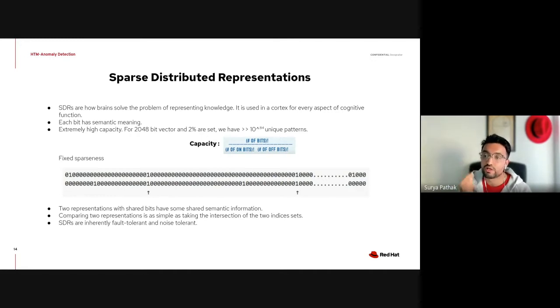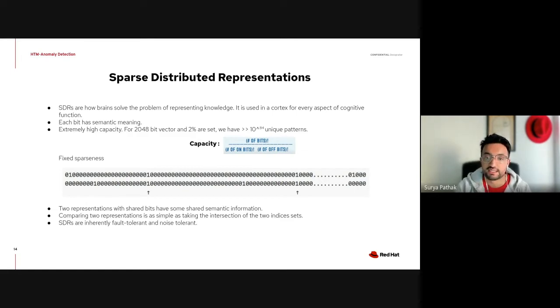It is encoded into something, and that something is a sparse distributed representation in terms of HTM. It is the representation that the algorithm can understand, whatever the input signal is, be it visual, be it numeric, be it categorical, anything. It can be converted into a sparse distributed representation, and once it is converted into SDRs, the algorithm can understand other things.